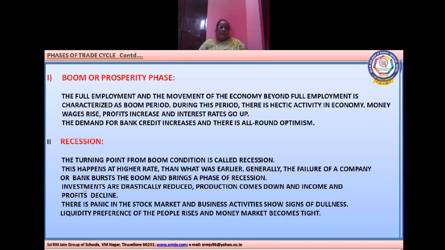Investments are drastically reduced, production will come down, and the income and the profits also will decline. There is a panic in the stock market, and the business activities show signs of dullness. Liquidity preference of the people rises and the money market becomes tight. That is recession.